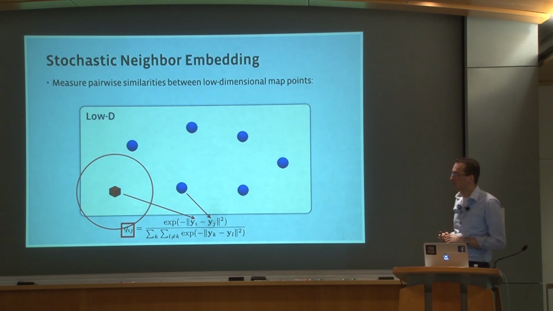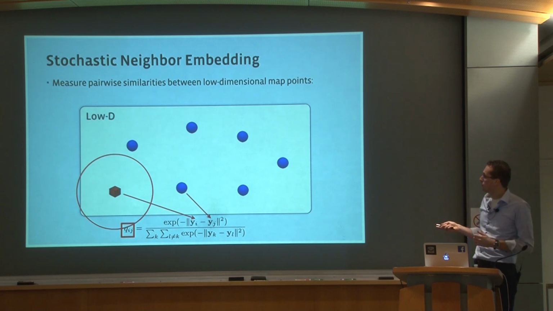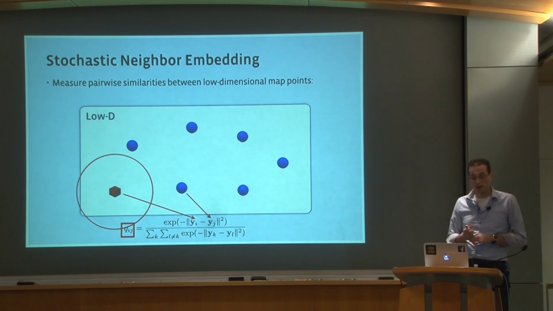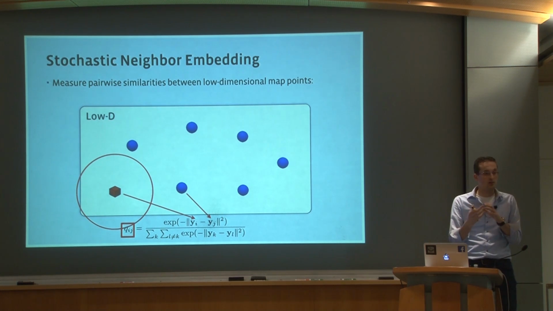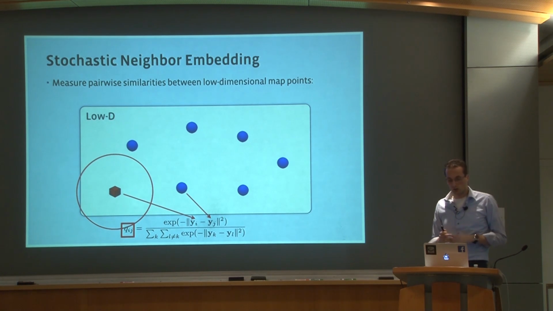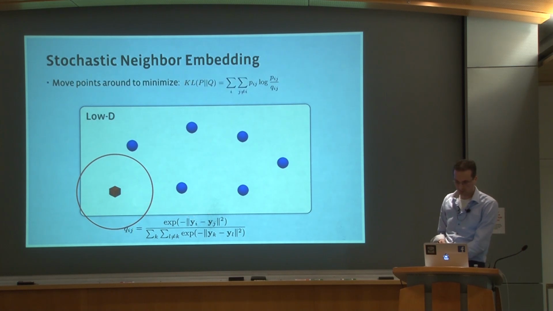So now what do I want? Ideally, I want to lay out the points in this two-dimensional map in such a way that these probabilities Qij are as similar as possible to the probabilities Pij that I computed in the original space. So what we're going to be measuring is some sort of distance between this distribution Q and the distribution P that I computed on the original data.